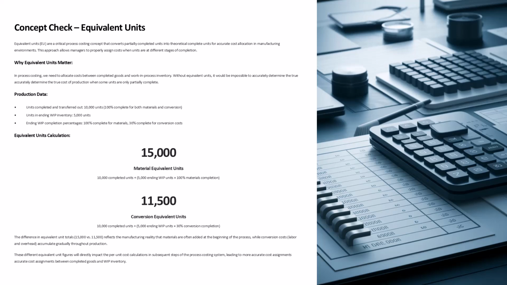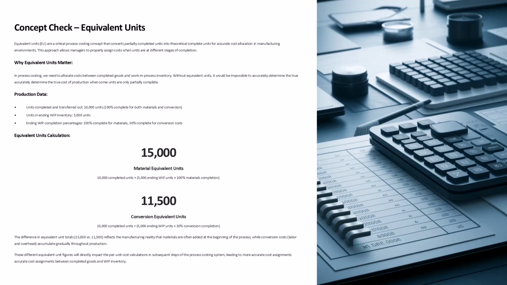Production started on 15,000 bags of chips this period. 10,000 bags were completed and transferred to the next department, while 5,000 bags remain in process at period end. These in-process bags are 100% complete for materials, but only 30% complete for conversion costs. What are the equivalent units for materials and conversion?